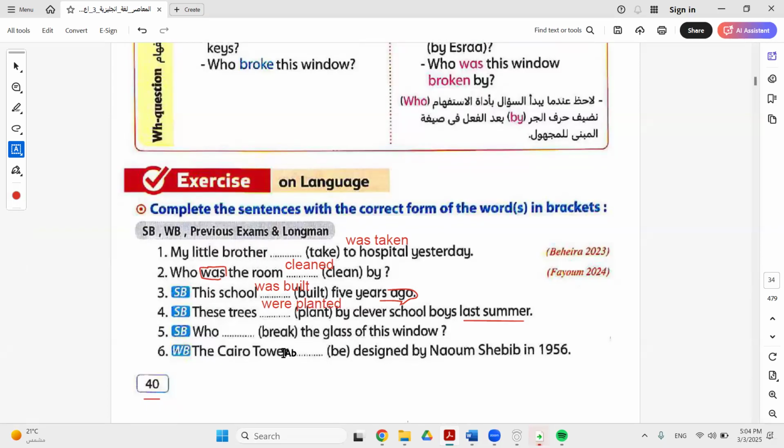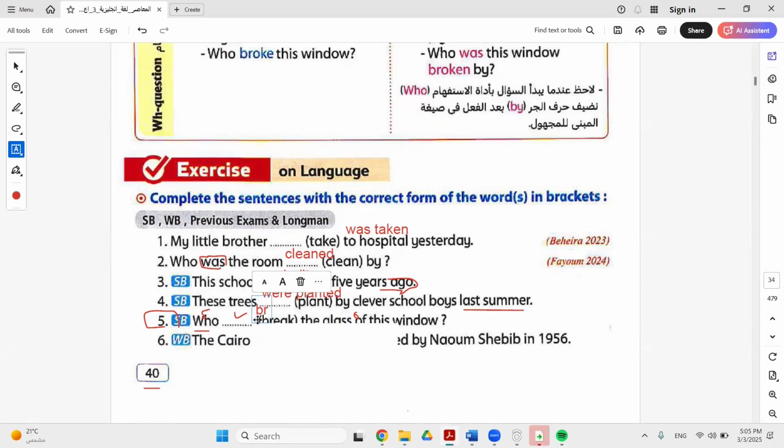Who broke the glass of this window? Tabarak. Was broken? No. The question here is in the active voice, not the passive. Who is the subject, then the verb, and then the object. So you say: who broke the glass of this window.